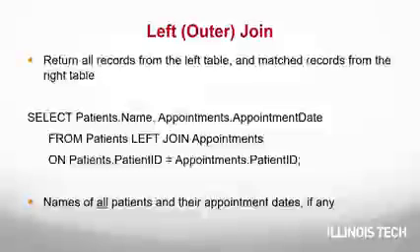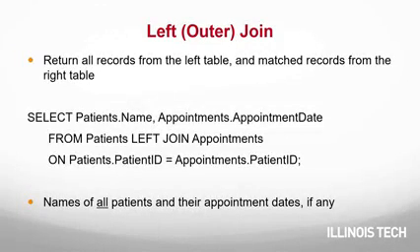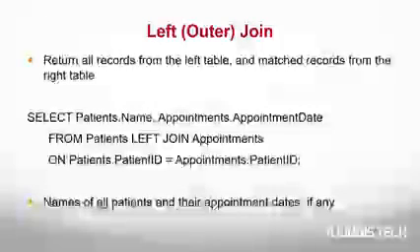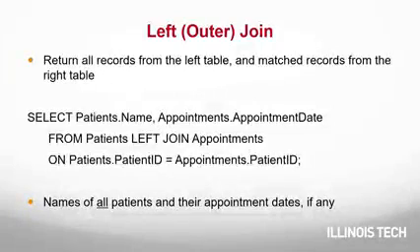Here's an example. Suppose, again, we want to find all of the appointments for all of our patients. But if a patient doesn't have appointments, we want to see those patients as well and just have null listed as their appointment. Well, here we can do, instead of what we did before, a left join, which means that patients that have a matching appointment, where the patient ID matches an appointment's patient ID, will get those patients with those appointments.